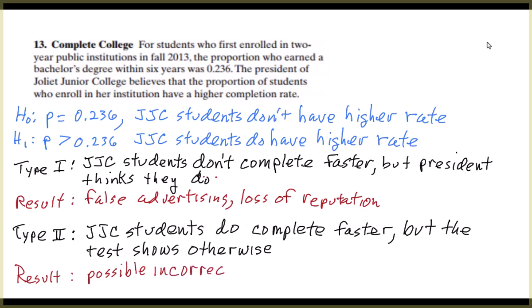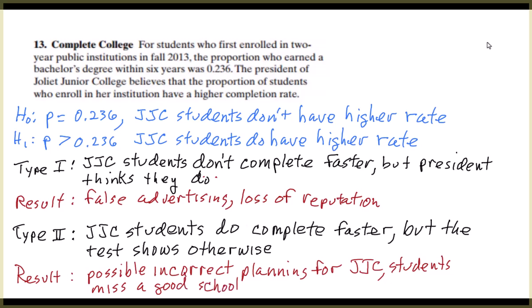Well, you might not go to Joliet thinking that they're no different in terms of how fast you get out. Or the people at Joliet, their board of directors might go, well, if that's true, then we need to revise our thinking on this and change up degree plans and things like that. I'll leave it to you to decide which one would be worse there, type 1 or type 2. I think we got one more.